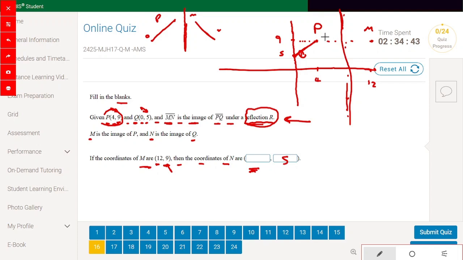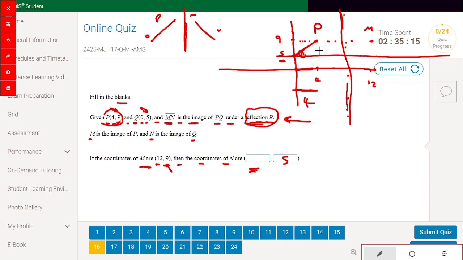So now, as you see here, the distance between B and Q is 4, right? So that means the distance between M and N is also 4. And because it's a reflection, we said that the y coordinate of Q will be the same as N. So N will be anywhere on this line.